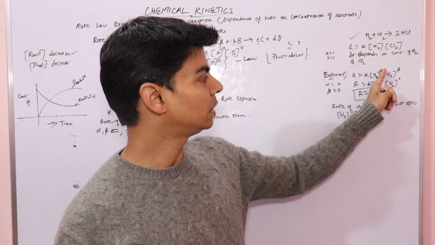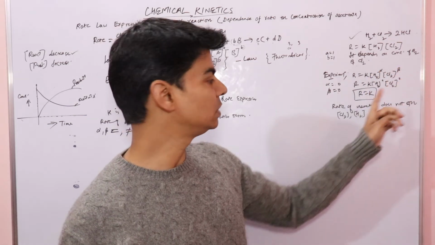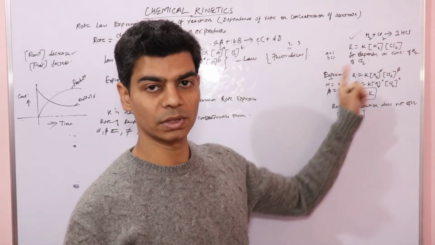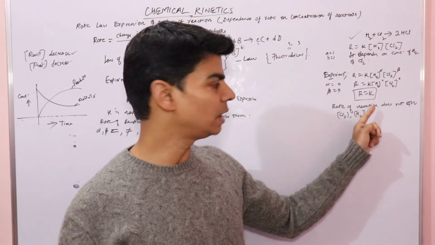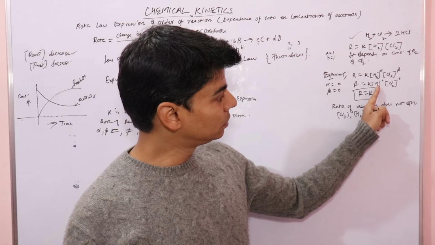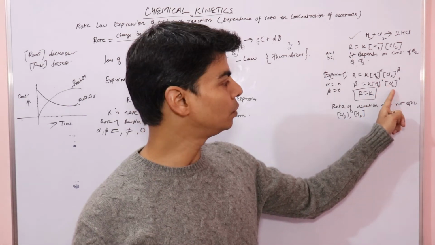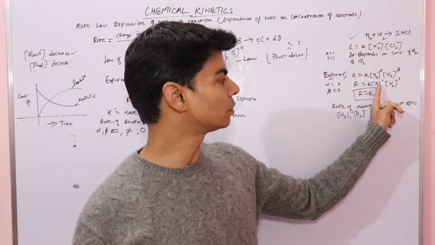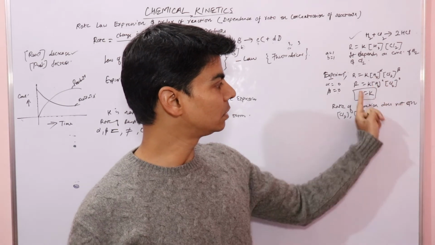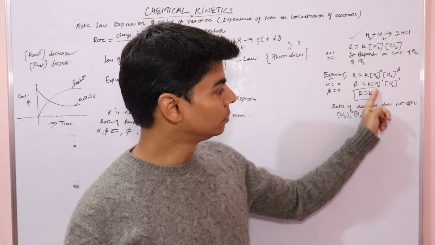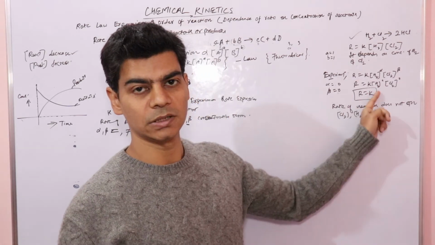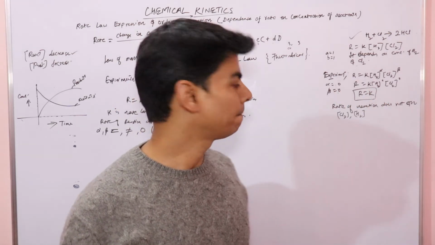So we found that here alpha and beta are equal to 0 based on experiment, right? So the rate expression based on experiment would be hydrogen to the power of 0, chlorine to the power of 0. So whatever is the concentration, it will turn out to be 1, right? So rate is equal to rate constant. Rate of reaction is equal to rate constant in this case, right?